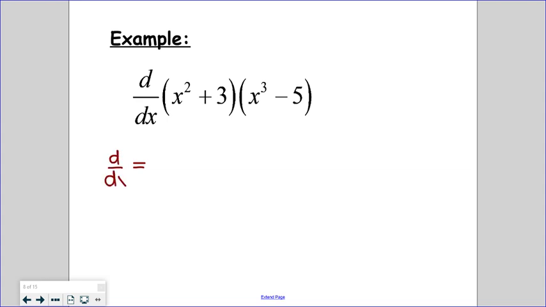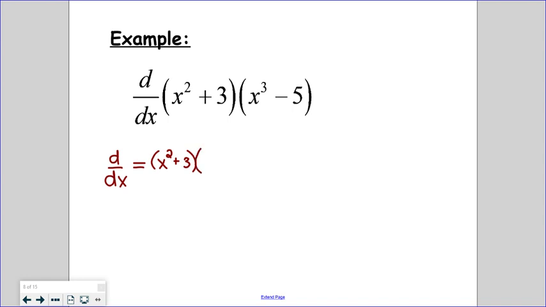One of the things we want to make sure that we are getting used to is labeling what's going on. So up here it says take the derivative of this. And notice down here I'm saying our derivative equals, and then I'm going to put our answer here. So our formula says take the first, which is x squared plus 3, times the derivative of the second. Well, the second is just a polynomial.